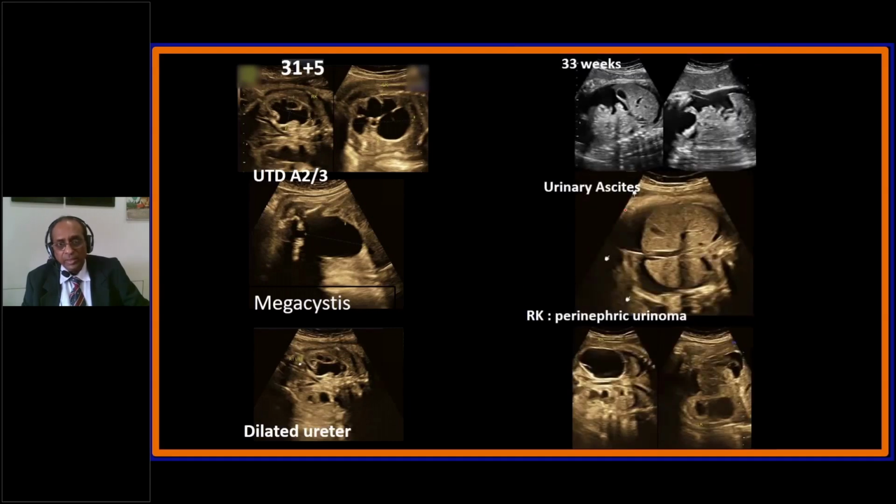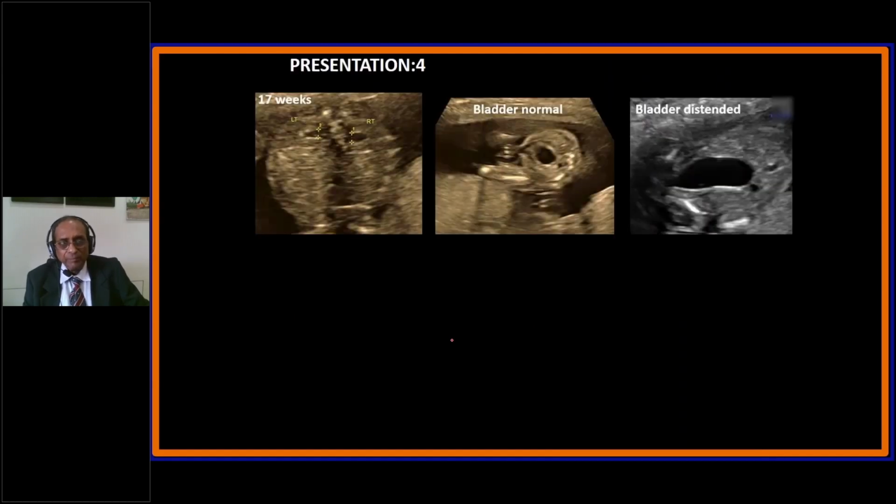And at 33 weeks, she had a sudden rupture of the bladder, causing significant urinary ascites. There was also a rupture of a calyx, causing a paranephric urinoma. So the pressure in that system can give way. It can give way at the calyceal level or at the bladder level.